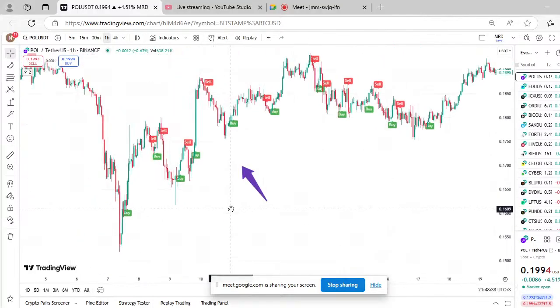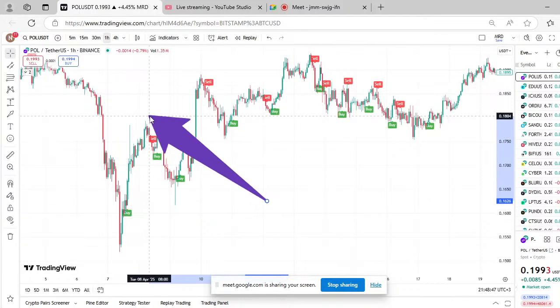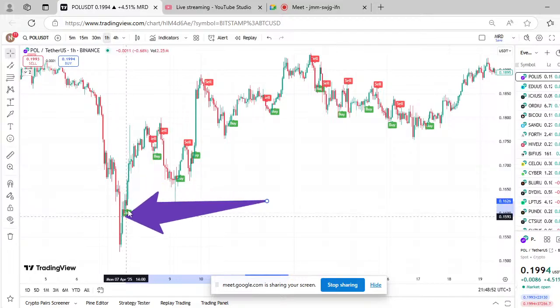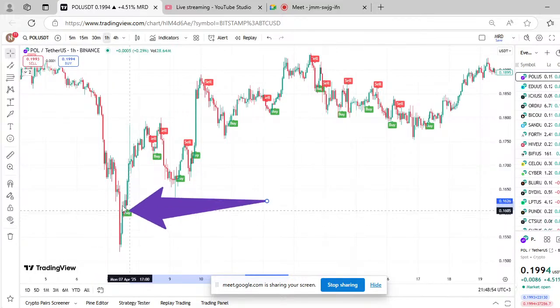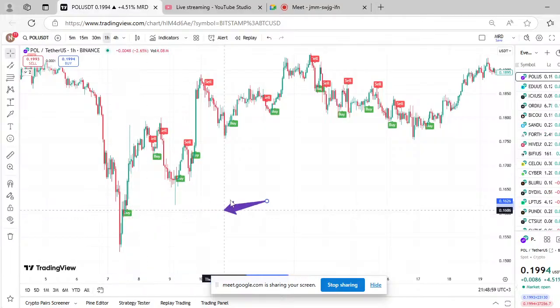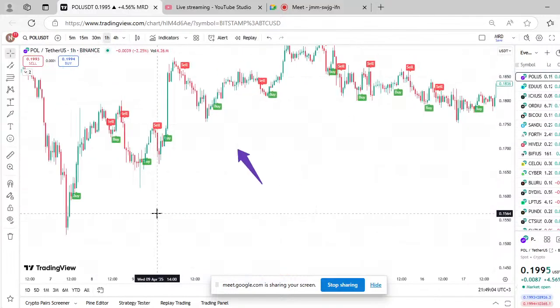Even though we are seeing buy here, how sure are you that the market will stop from here and move up to this point? You're not sure. This buy was not right. So let us follow the market and we see which one was right.